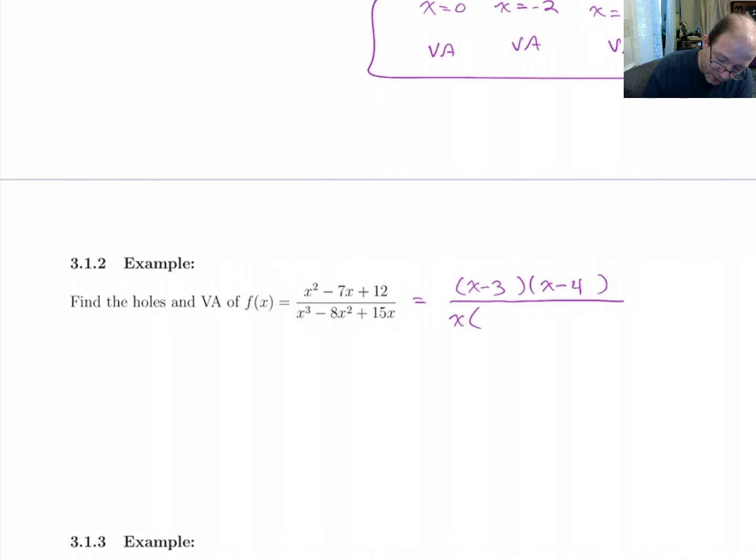And on the bottom, let's see, x minus 3 and x minus 5, those multiply out to 15 and add up to negative 8. So for this we get x equals 0, x equals 3, and x equals 5. This one cancels away, and so the ones that remain give us vertical asymptotes, and the one that canceled away gives us a hole.